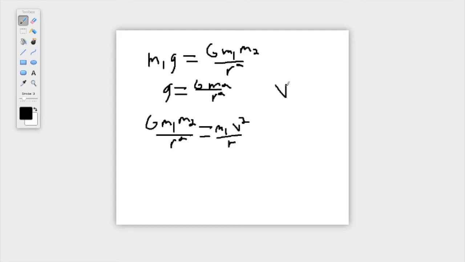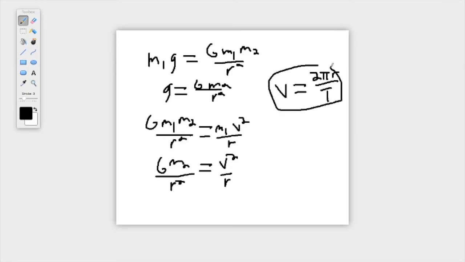We recall that v equals 2 pi r over T. What we can do is cancel these out first. So G m2 over r squared equals v squared over r. I can sub this in for velocity.